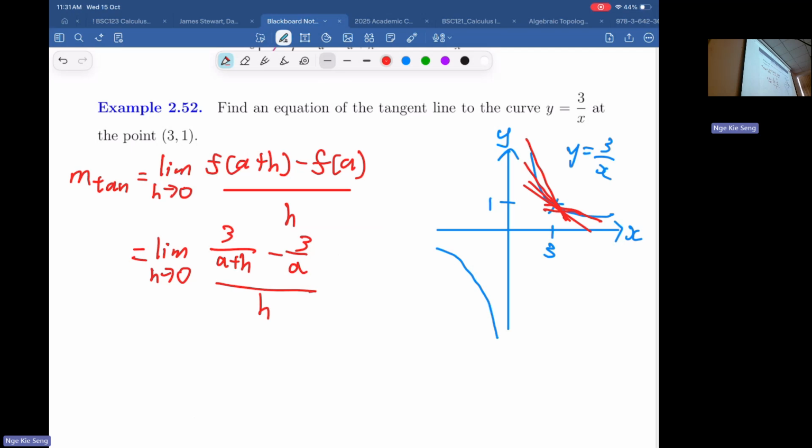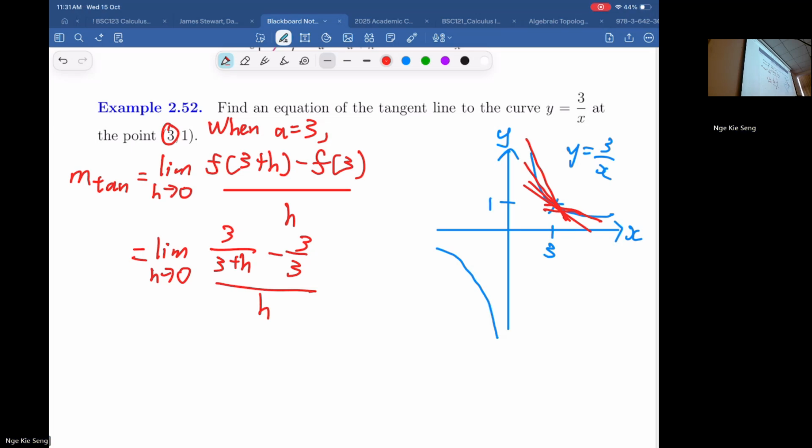Is my a fixed? Yes, my a is 3. So when a equals 3, we should replace all the a here. h is the one that you put the limit on.